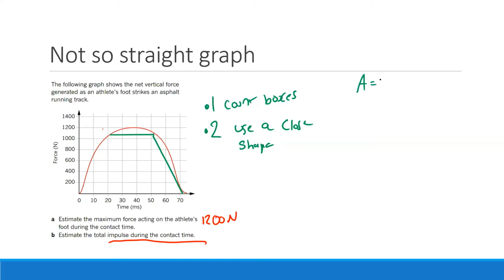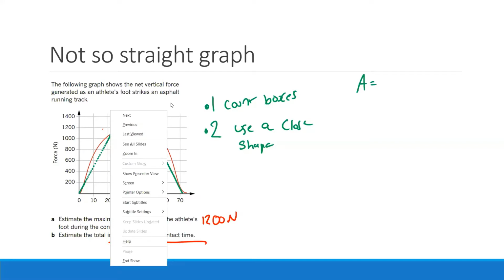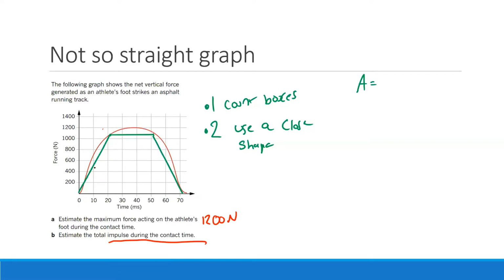The area of a trapezium is (A plus B) all divided by 2, times the height. You don't need to put the brackets there, but I like to, as long as you remember to do that first.